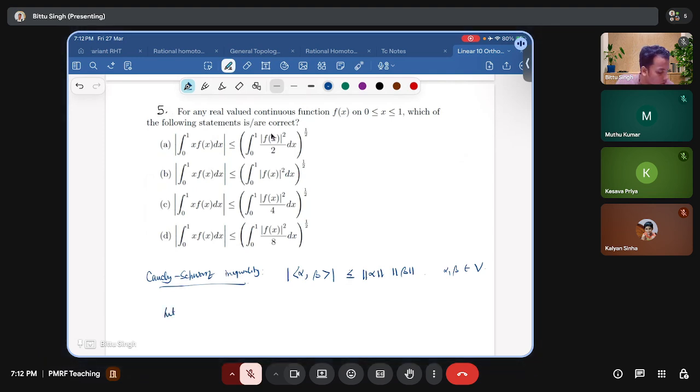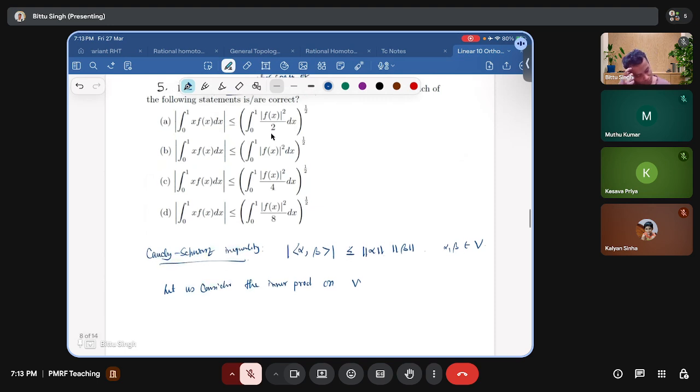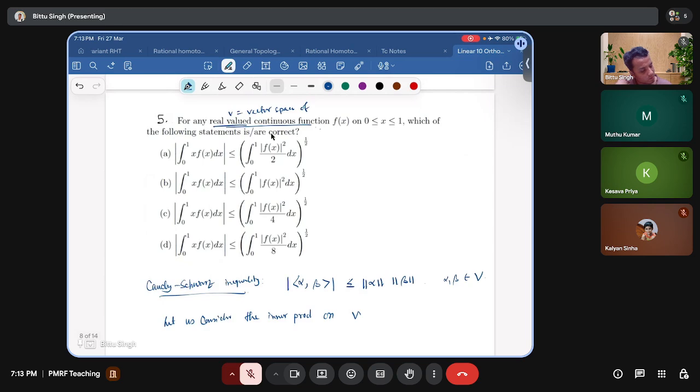So let us consider the inner product on the vector space of real valued functions, V equal to the vector space of real valued functions on 0 1, of course.